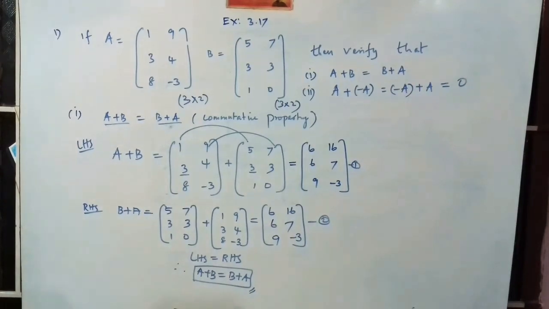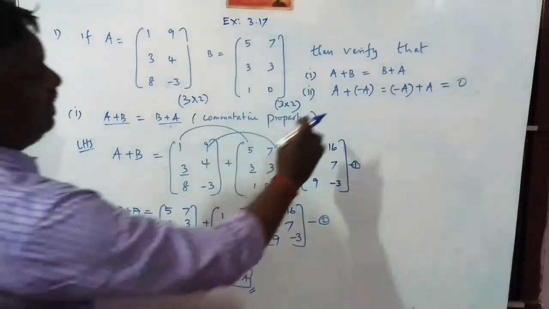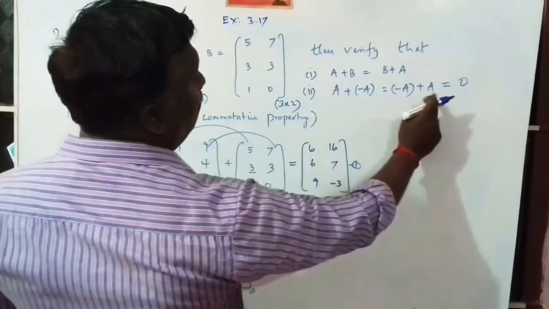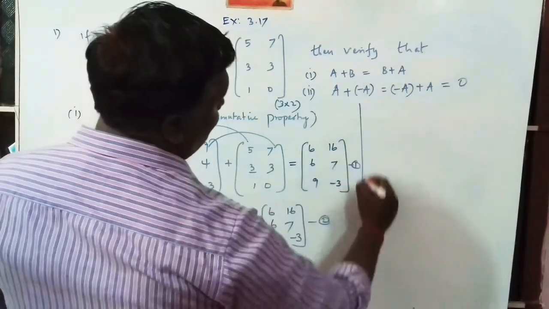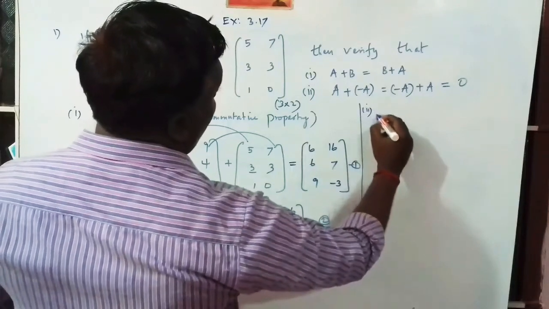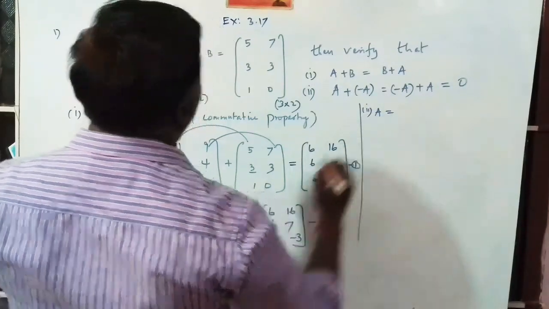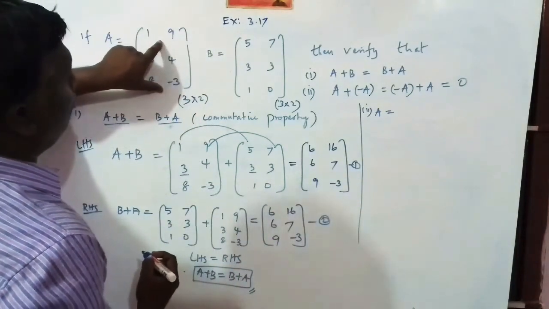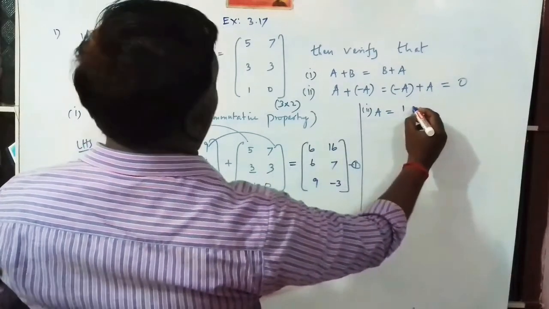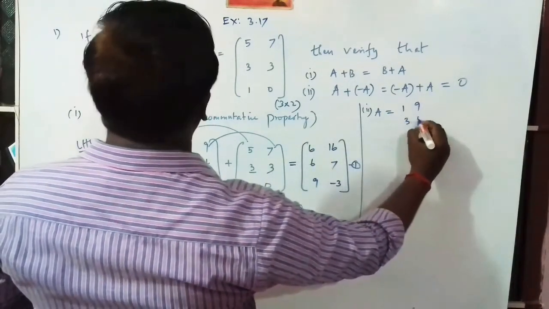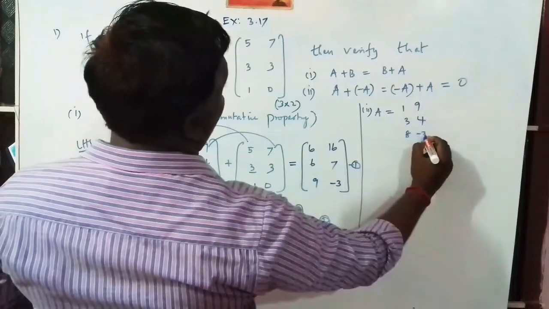Okay, second one, the additive inverse property: A plus minus A equal to minus A plus A equal to 0. So A is a 3 by 2 matrix: 1, 9, 3, 4, 8, minus 3.